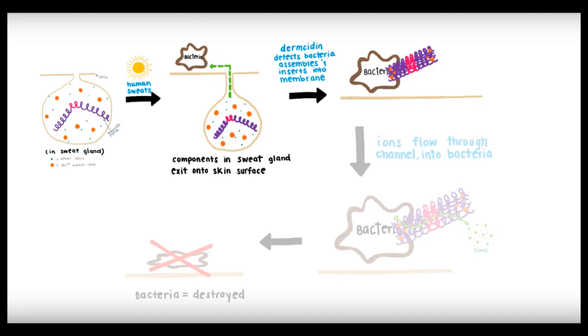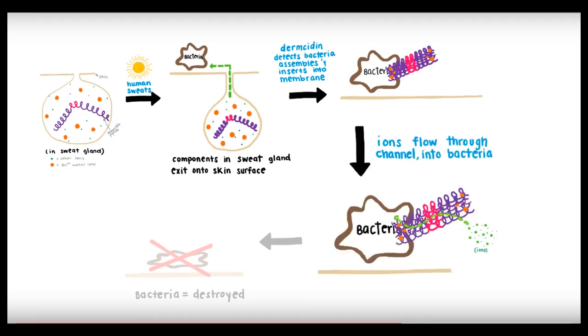Following insertion into the bacterial membrane, the assembled structure transports ions through its pore and into the bacterial cell. The transported ions can then inhibit DNA, RNA, and protein synthesis, along with several other necessary functions in the bacterial cell. These destructive effects from the transported ions effectively kill the potentially harmful bacteria.